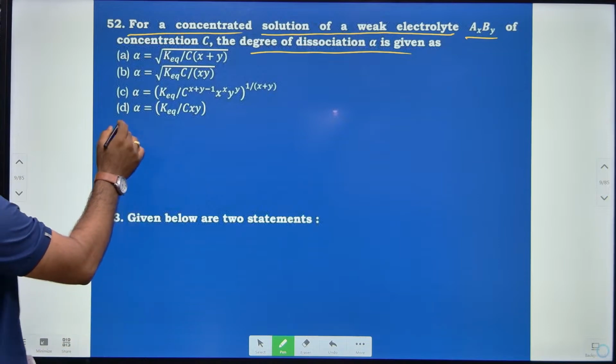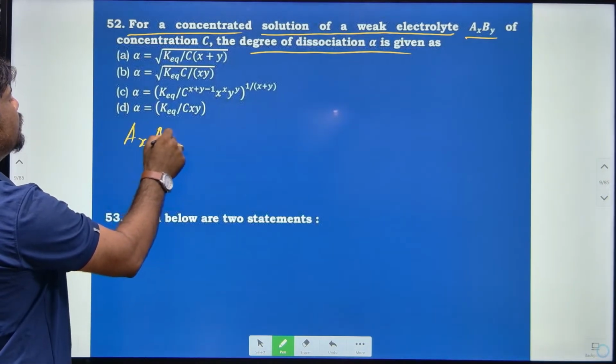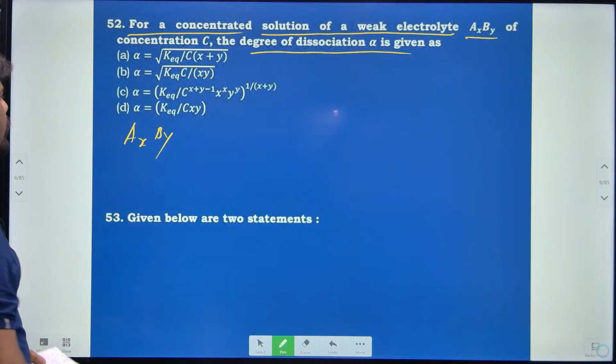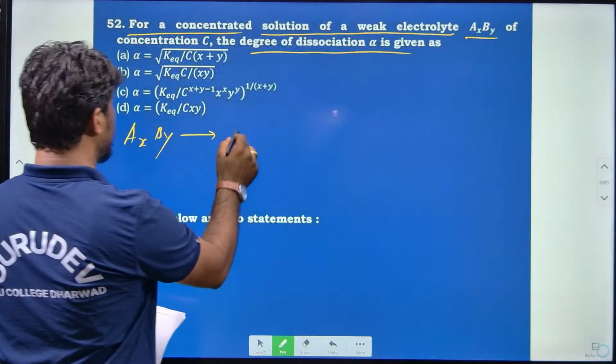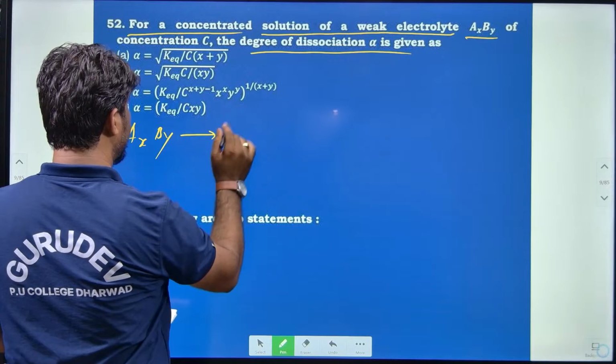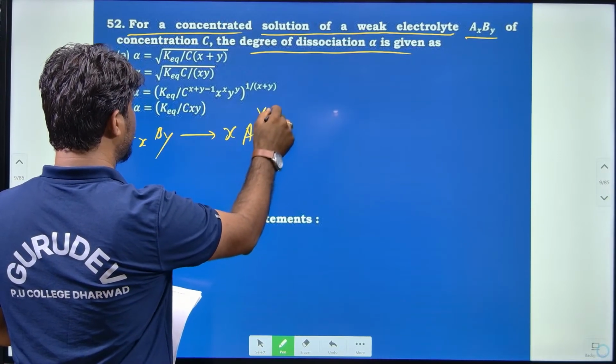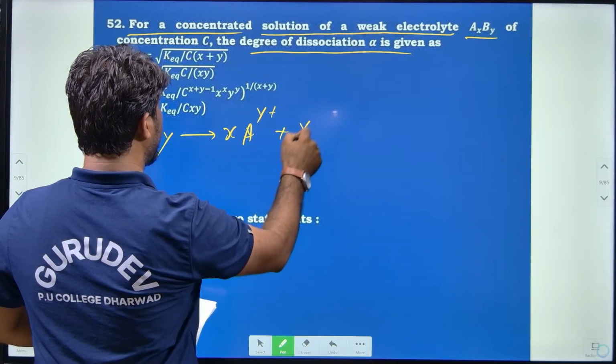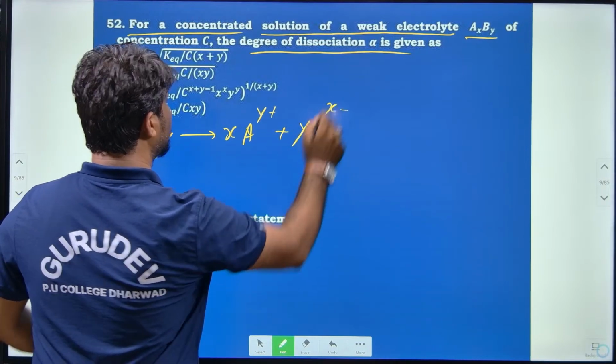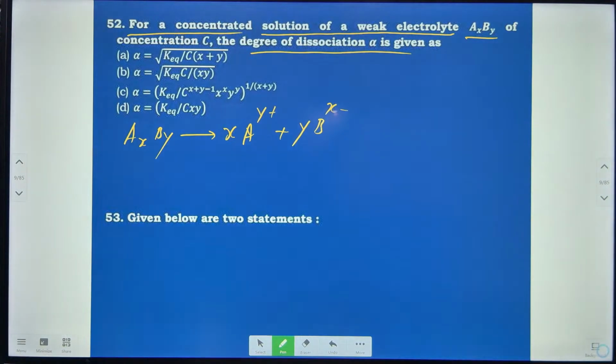So they have given here the AxBy molecule. When this molecule undergoes dissociation, that is, x number of A to the power of y plus and y number of B to the power of x minus ions it forms.